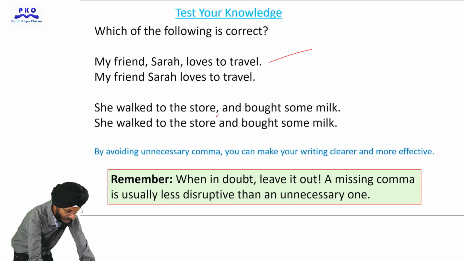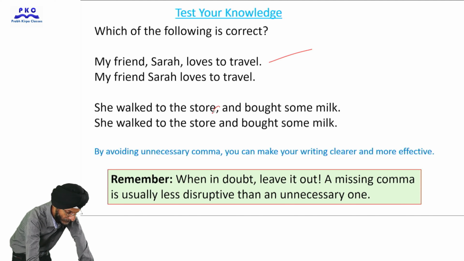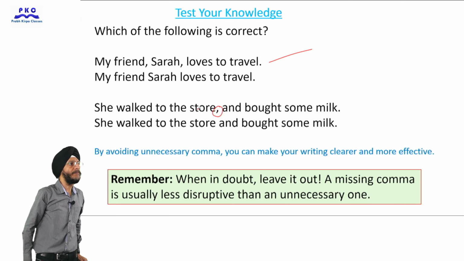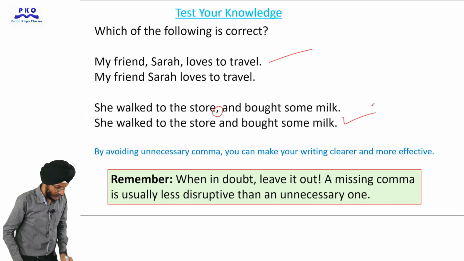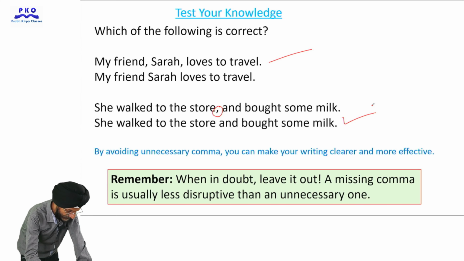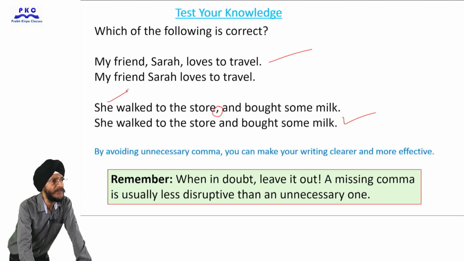Next point is, she walked to the store and bought some milk. Here again, putting a comma before "and" is unnecessary because it separates two actions which have been performed by the same subject.